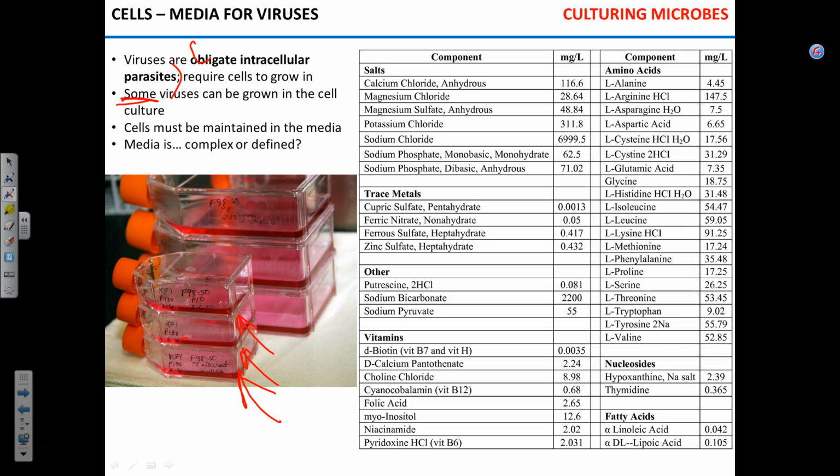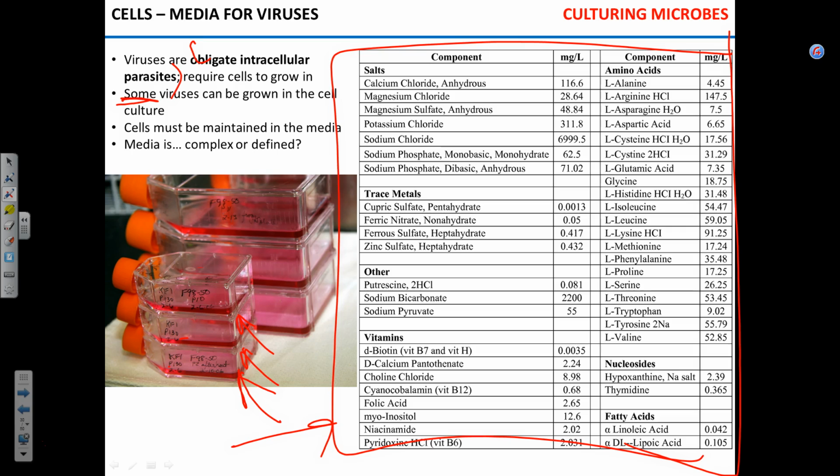There's a book actually named The Immortal Life of Henrietta Lacks that describes this whole thing. Cells are maintained in the medium. You can see the list of the components. No, you don't have to know them. Pretty much cells have to have nutrients and other stuff. So this medium for cells is obviously defined, but cells themselves can be considered complex.